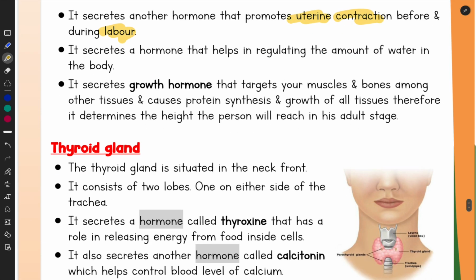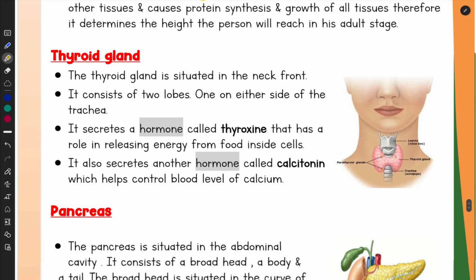It secretes also a hormone that helps in regulating the amount of water in the body. It also secretes growth hormone, GH, which targets your muscles and bones among other tissues and causes protein synthesis and the growth of all tissues. Therefore, it determines the height the person will reach in his adult stage.